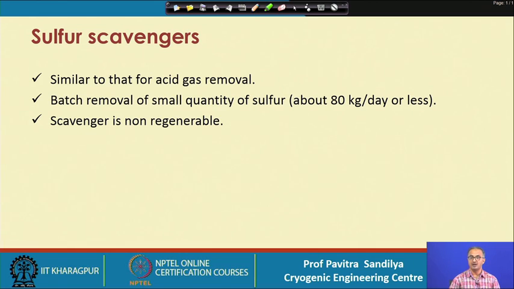Here I am simply giving the salient features: it is used for acid gas removal too, and it is for removal of a small quantity of sulfur, about 80 kg per day or less. Because these scavengers react chemically with the H2S, they cannot be recovered. So, that is only once through, and that is why they are confined to cases where we have a small amount of H2S.